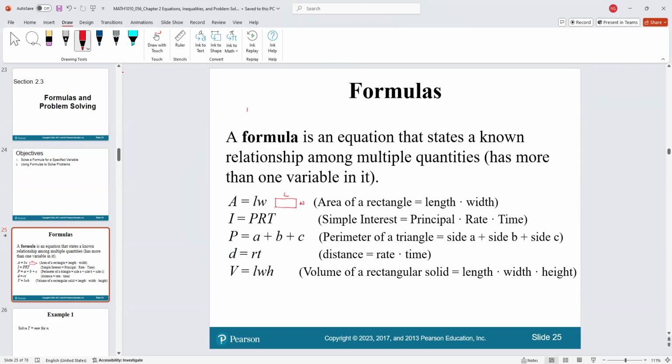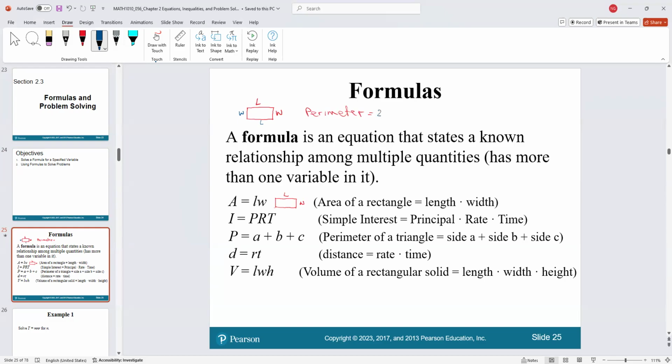If they were asking you for the perimeter of a rectangle, you can pause the video very quick and tell me what is the perimeter of a rectangle. Because the lengths are equivalent, the top one is the length and the bottom one is also the length, and the left and right are the width.